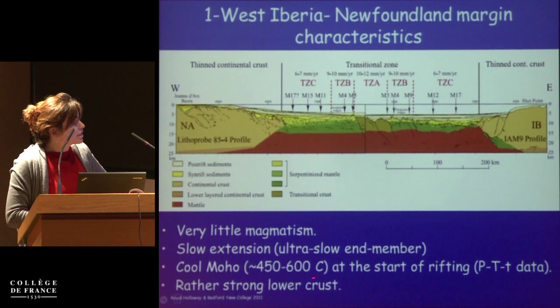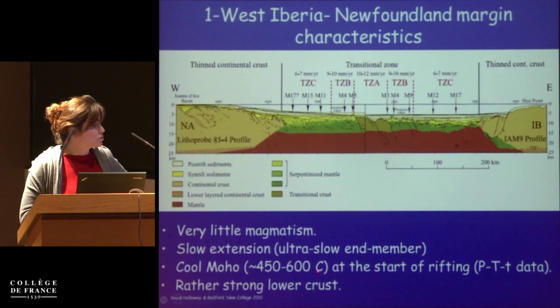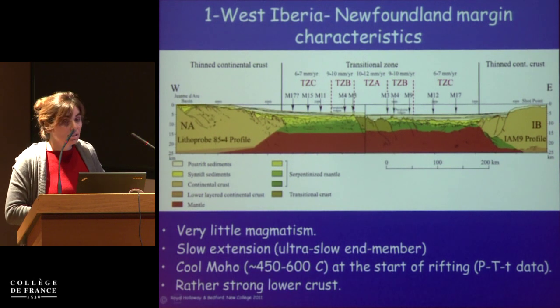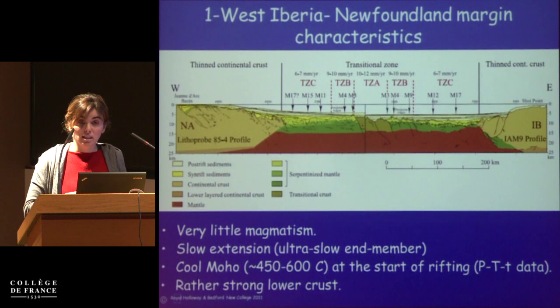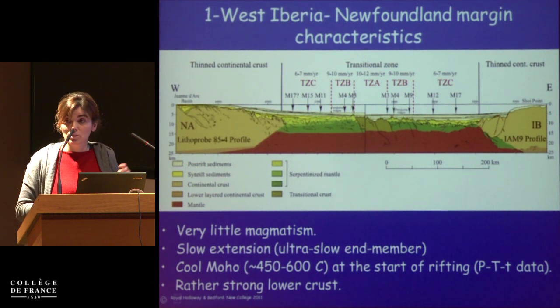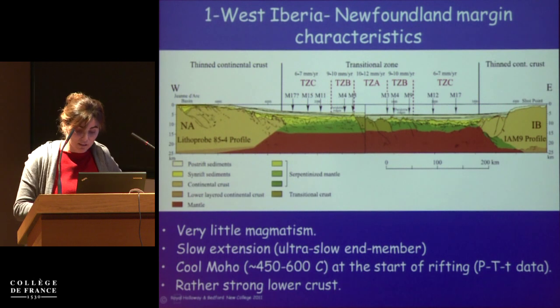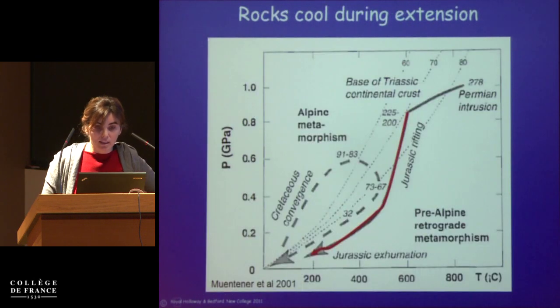In Iberia and in some other margins, PTT data indicate a cool Moho at the start, 450 to 600 degrees. Both slow extension and rather cold initial temperatures at the Moho indicate a lower crust that is rather strong during rifting, so that it couples the deformation in the upper crust with the deformation in the mantle.